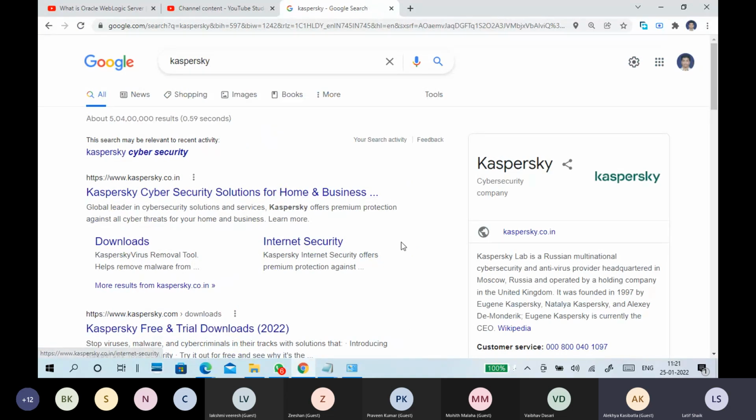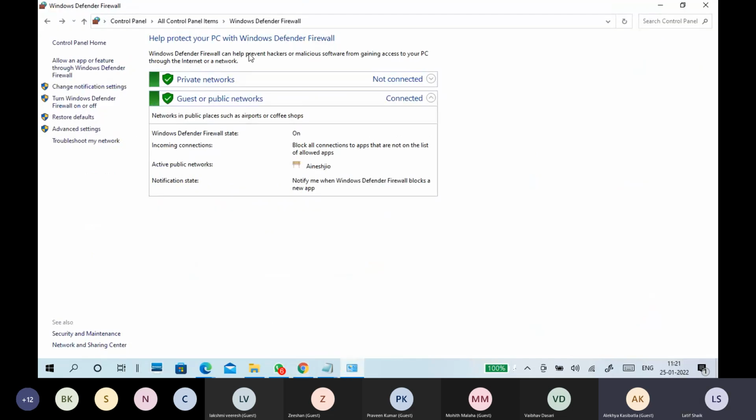Whenever you install this kind of application, it also protects you as an antivirus, and also against external attacks and security threats, and it is more powerful than the default one. So automatically the default one is disabled and the application's one is enabled.